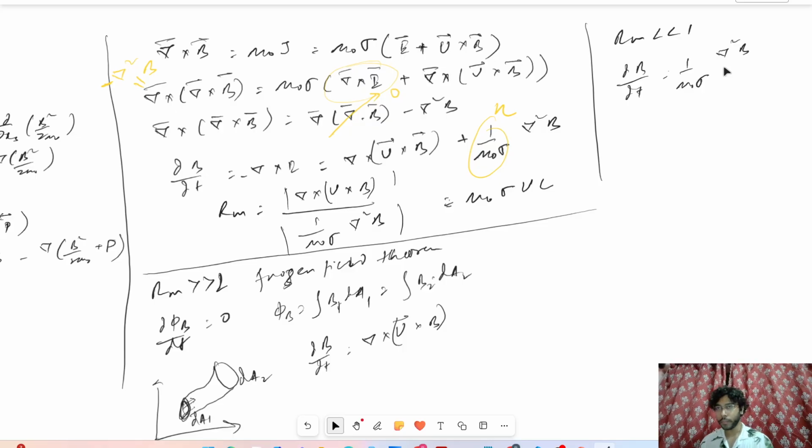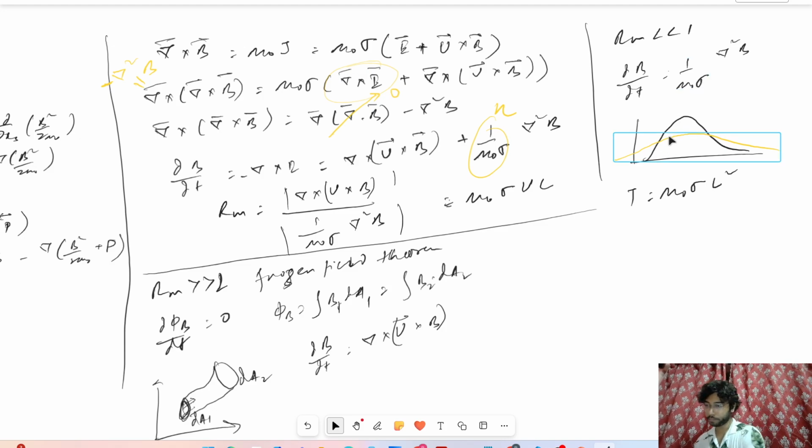What we mean by diffusion is that if you start with a magnetic field like this, at some later time the magnetic field will diffuse out into a larger space, just like this. This is the solution of the diffusion equation. And the time scale for diffusion, if you just solve this equation, is given by mu naught sigma L squared, where L is the length of the system.